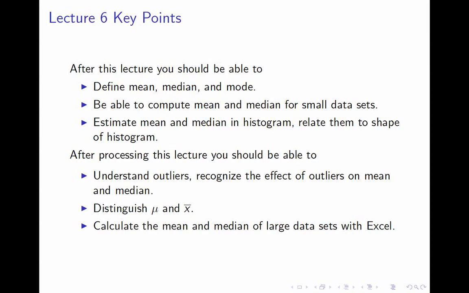That's in principle a very simple thing, but in practice it will take a little bit of time to get used to. And finally, in class, we will learn how to calculate the mean and median of large data sets in Excel, and we will practice that skill in various ways for the rest of the semester.